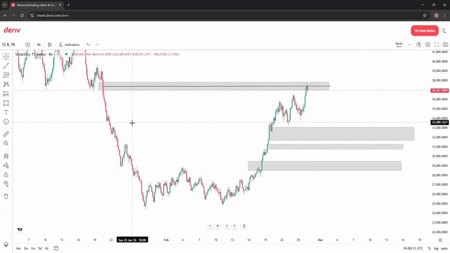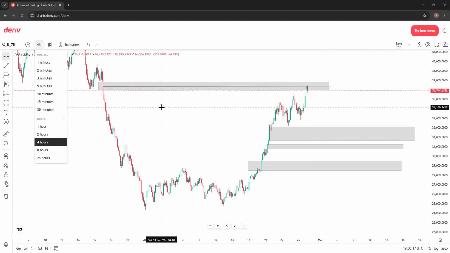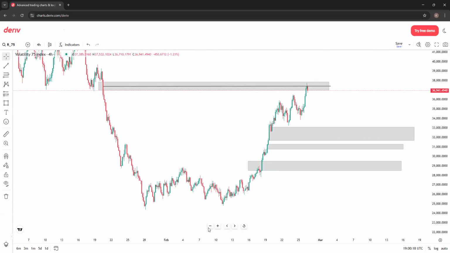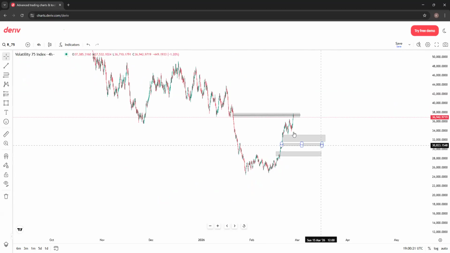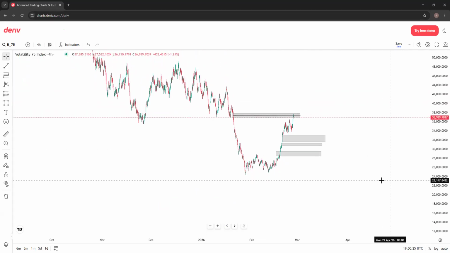So now, using the rules of market structure, let's say we want to zoom this out. What we can generally tell is we were downtrending, right? And no lies, we were downtrending all along. So what you see is at this point with a high, a low, a high, a low, a high, a break of market structure at this point.